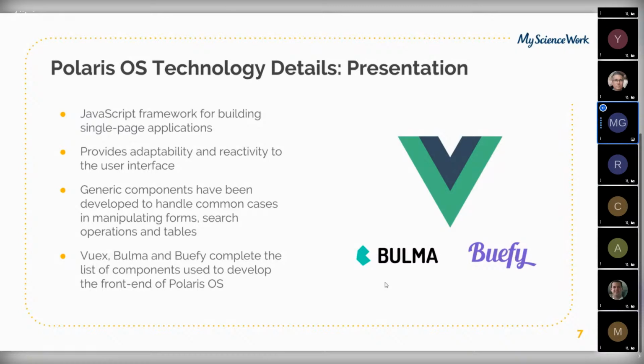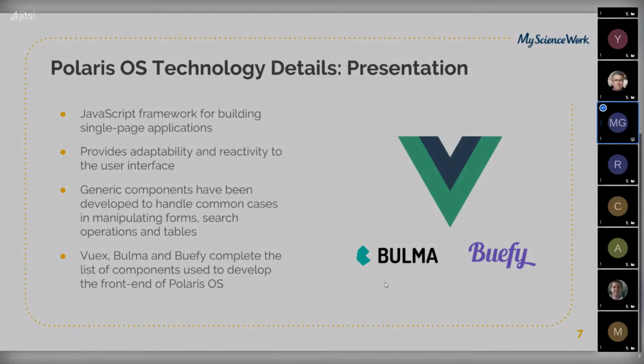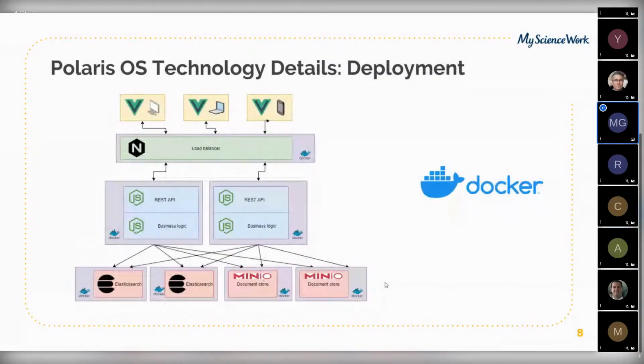So that gives us an overview of all the components, and now the next question is, well, how do we deploy that? We basically use Docker today to deploy every layer we have. In a production system, what you see on the screen is what we have for each container.